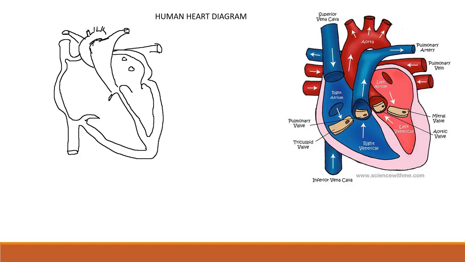So pulmonary veins are arising from the lung, and they pour blood into the heart. Which part of the heart? Left atrium, right?